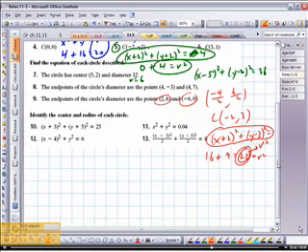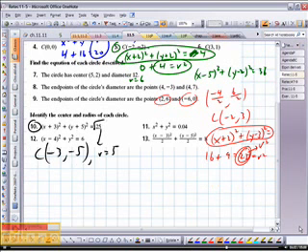Now going down to number 10, we're looking at it the opposite way. You have to think of this as x minus negative 3, so it's a negative 3. This is like y minus negative 5, so negative 5. That's your center, and your radius is the square root of 25, so your radius is 5.